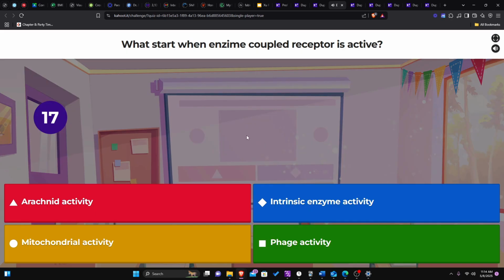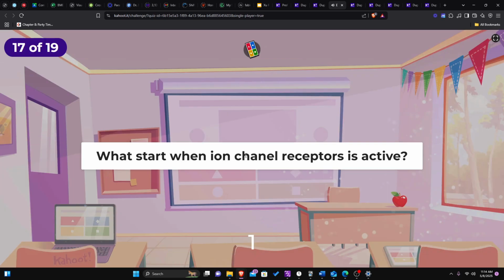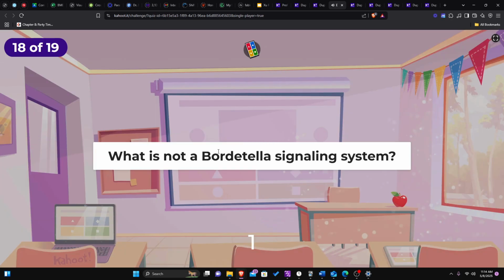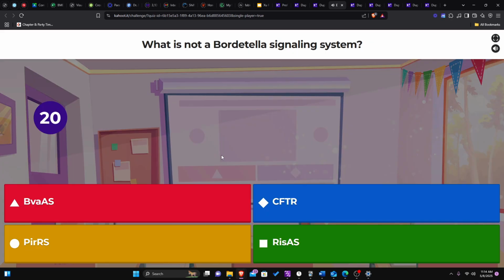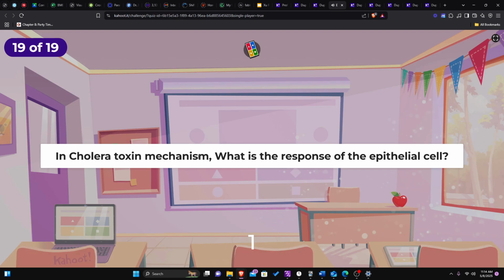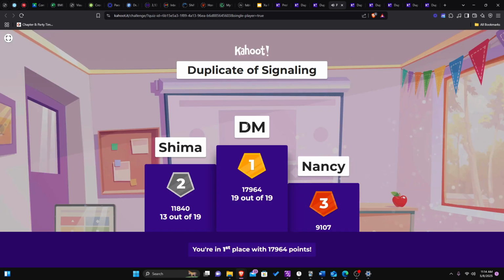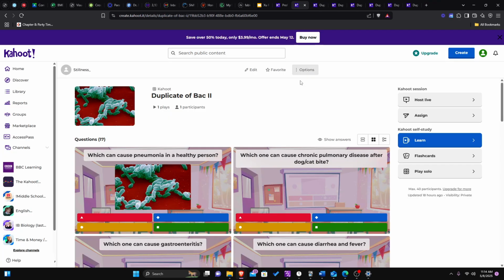Sorry, it's a code. Intrinsic enzyme activity. Something with shifting electric charge. System, the CFTR edit. Peace. Alrighty, that one's good. I will go to the last one.